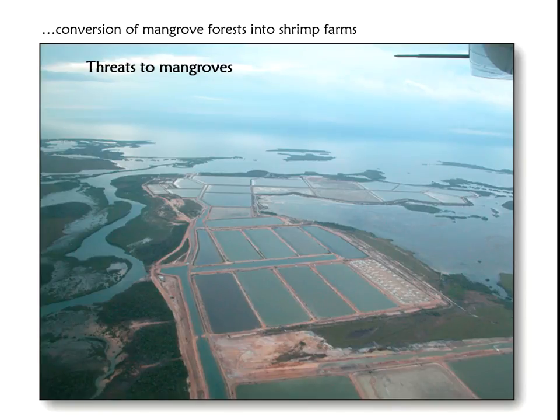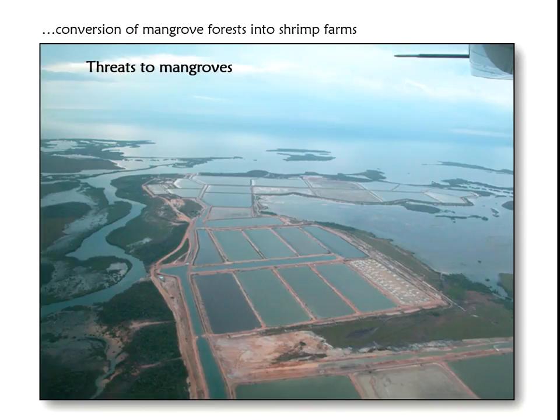But once they started with the industrial shrimp farming, in the late 80s, early 90s, we had all this information that proved the value of these systems. But despite knowing all of that, there's so much money in these shrimp farms that it does not matter.